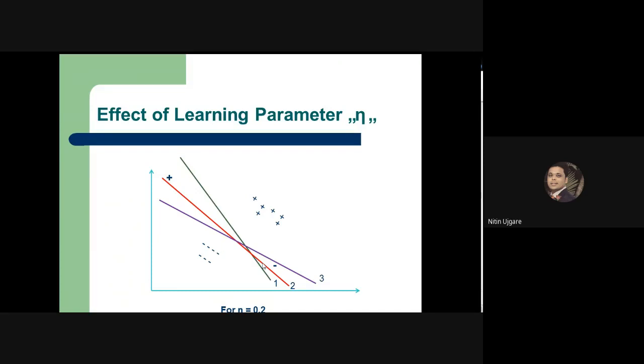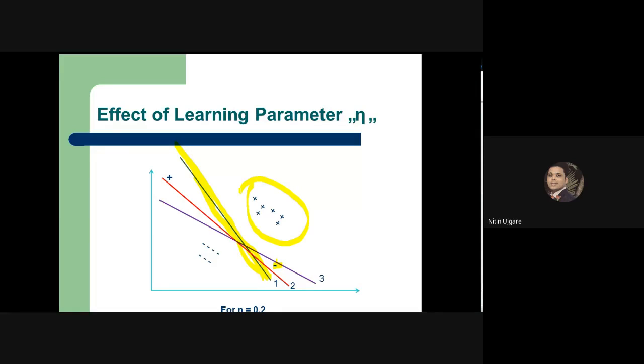Okay, so let's say that the first decision boundary is indicated with this green color. Let me take a pen so that I can highlight it. Okay, so this is my first decision boundary. And what I did is I have introduced a new point here, and then I will come to know that using this first decision boundary, this instance will be misclassified to the positive class, right?